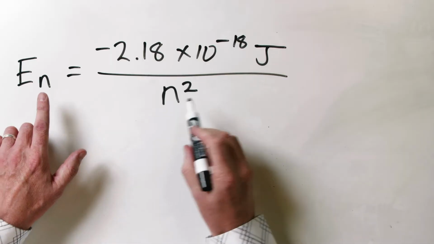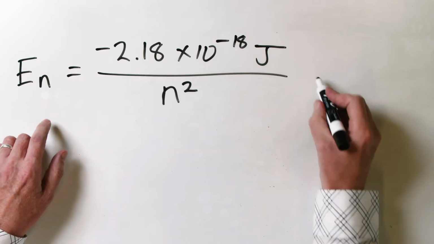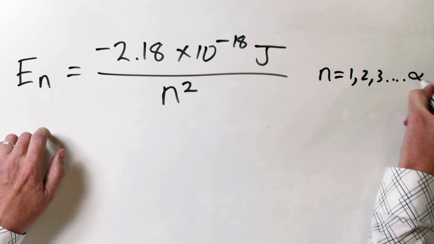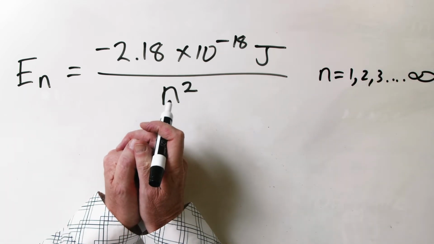This equation tells us what the energy of any energy level in a hydrogen atom is. And n is any integer. So n could equal 1, 2, 3, going all the way to, if we really want to, infinity. This equation allows us to calculate any energy level that we want, corresponding to the value of n, where n is 1, or 2, or 3, etc.